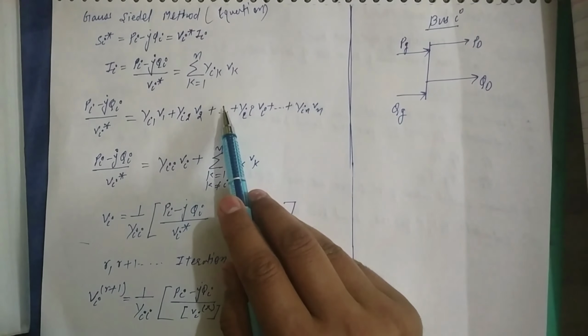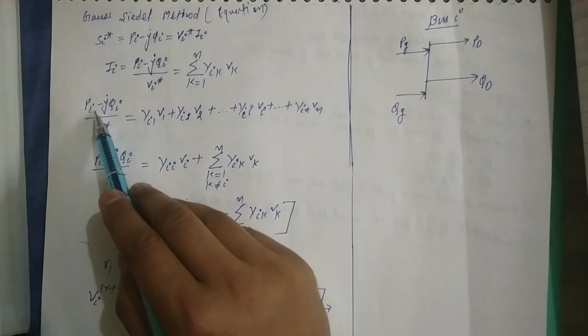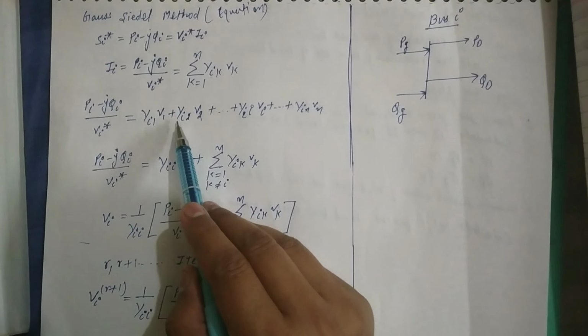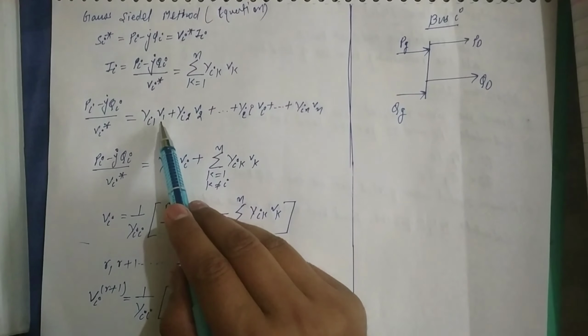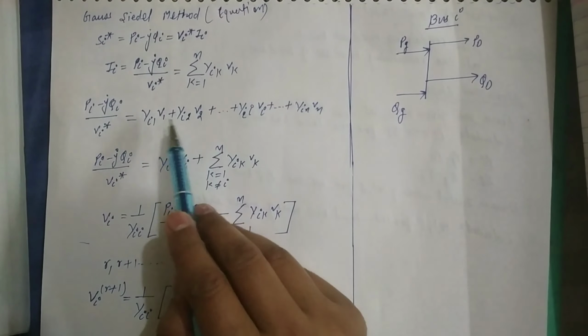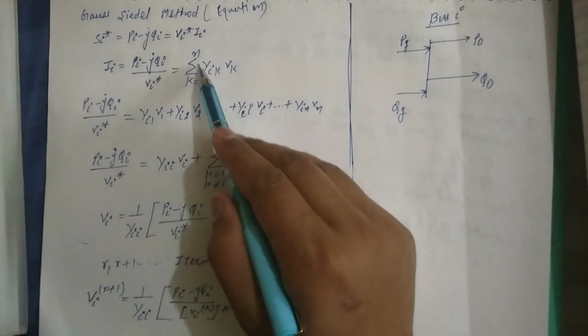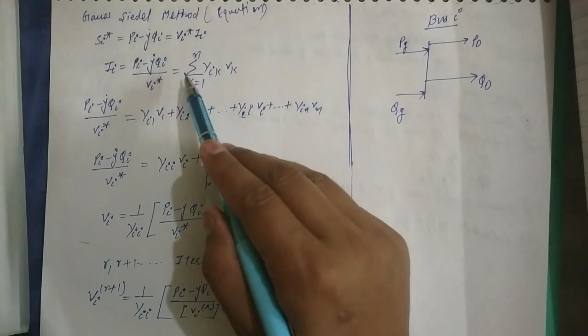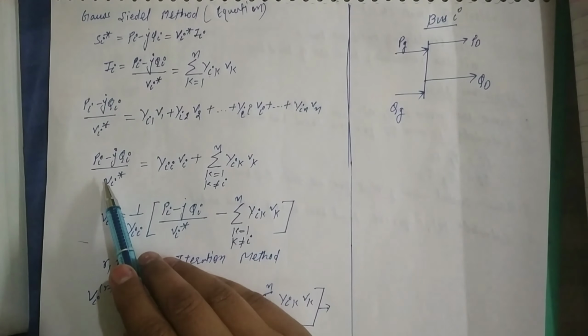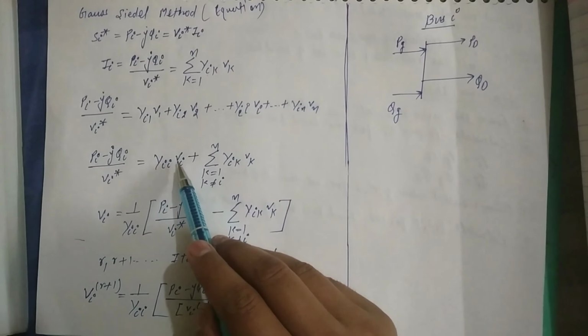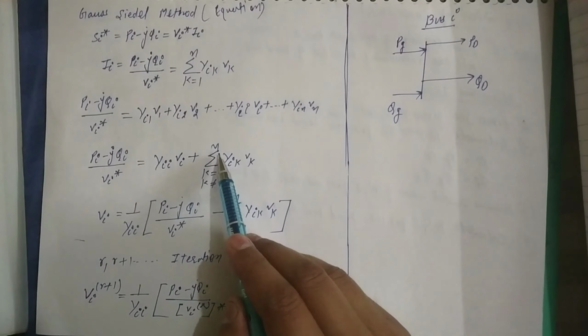Next, Pi minus jQi equals Vi conjugate times Yi1 V1. I am writing k equals 1, k equals 2, k equals i, and k equals n. I am opening this summation form. In the next part, Yii Vi I am taking out and again writing the rest in summation form.